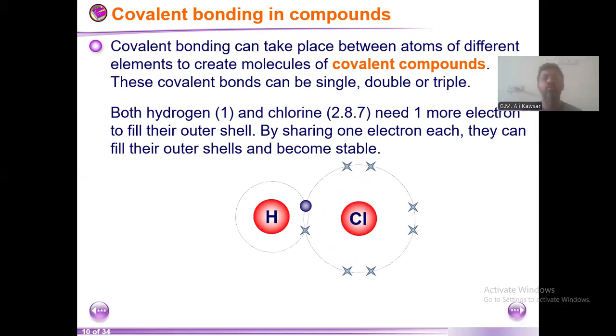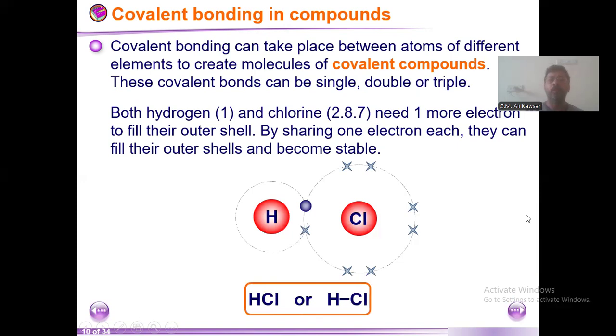By sharing 1 electron, hydrogen will get the configuration of helium, and chlorine will get the configuration of argon. So both of their outermost shells are complete, and by this way they will be stable. By forming one covalent bond, the hydrogen chloride molecule is formed, where just one solid line is used to indicate that between hydrogen and chlorine there is one pair of electrons shared.